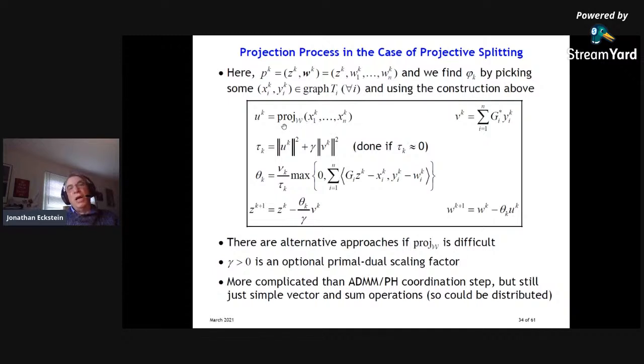It involves finding some u, which is a projection onto the space W where those linear equations hold. I project the x's onto this, and I compute v this way. I compute gamma, which is like a little scaling factor between the primal and the dual. I don't want to go into it now, but I basically compute this sum and this squared norm. I compute a step size like this, reflecting how much I'm on the wrong side of the hyperplane, if at all, and then I take a step.